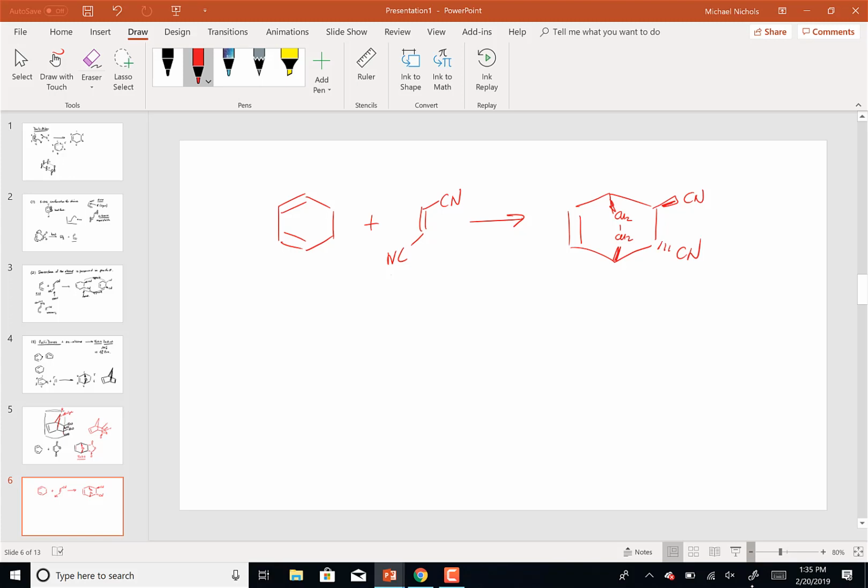So that's what the product would be, and it would be classified as neither endo nor exo. That on its side would look like this. So one of the CNs would be axial, and one of them would be equatorial.